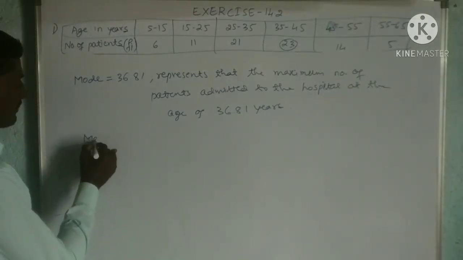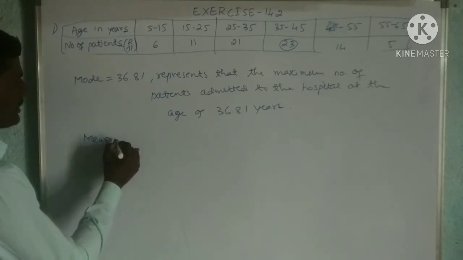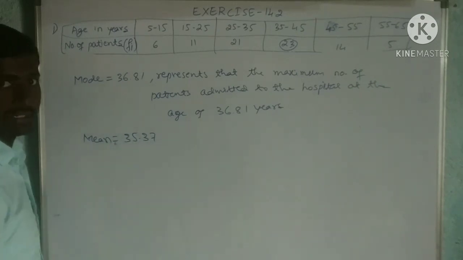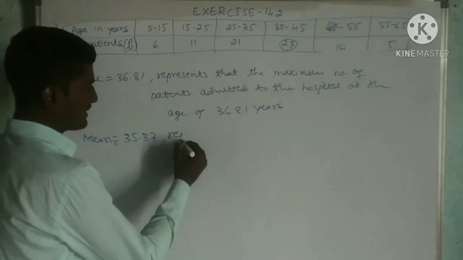Then the other one, the mean. How much did you get? 35.37, I think.